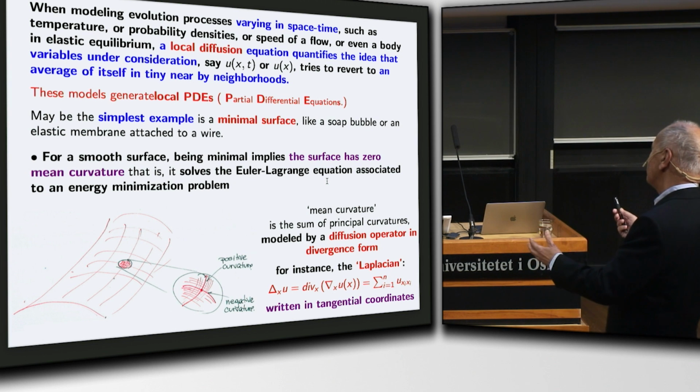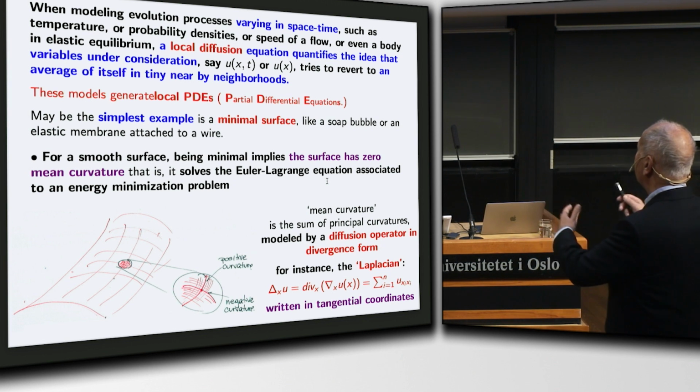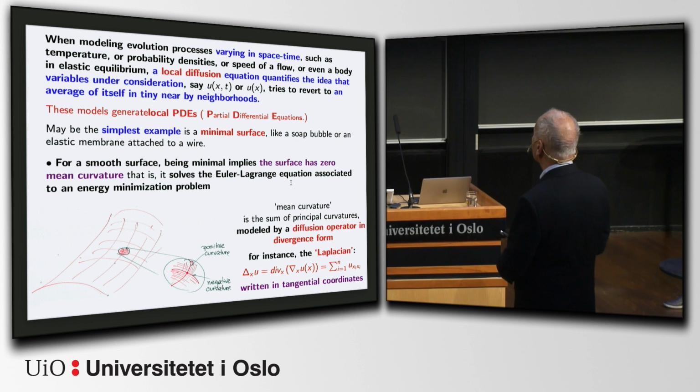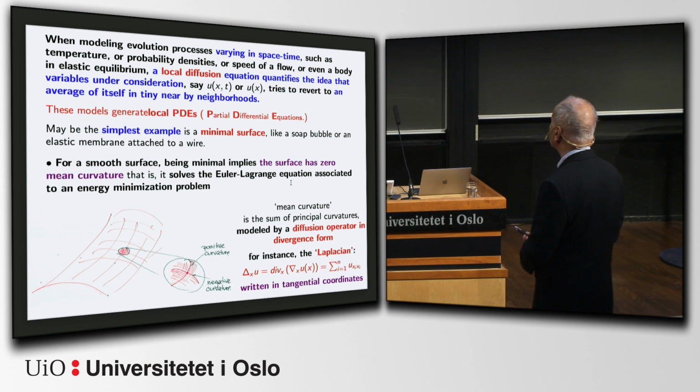So here they are in space, and then we have to make variations of it, or probability densities, or speed of flow, or even body elastic equation, local diffusion equations, etc., etc.